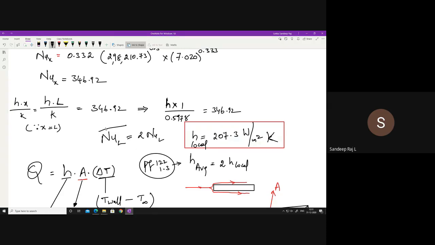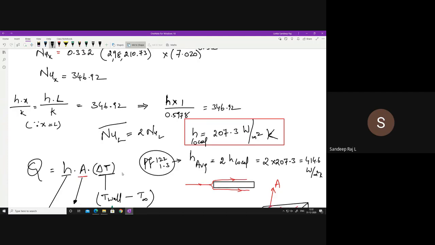That is, H by K on the left hand side and H by K on the right hand side will get cancelled, and you will get this formula. So this will be like 2 into 207.3, which is 414.6 watt per meter square Kelvin.